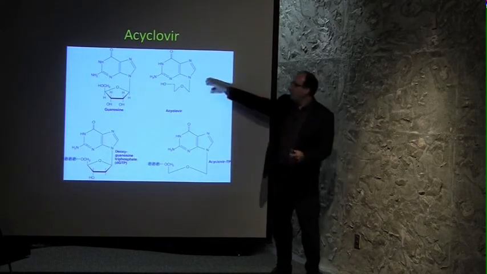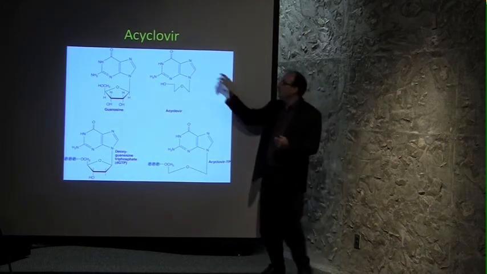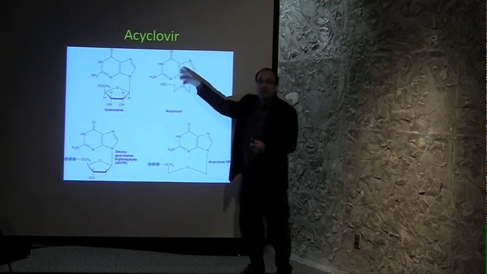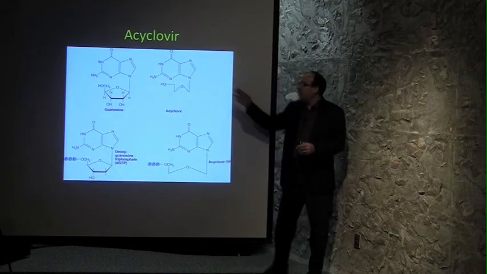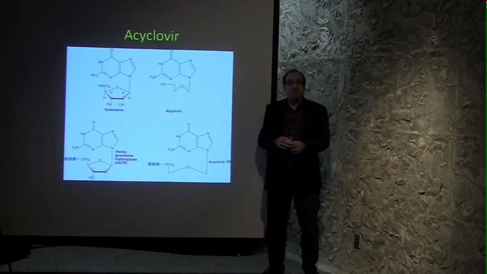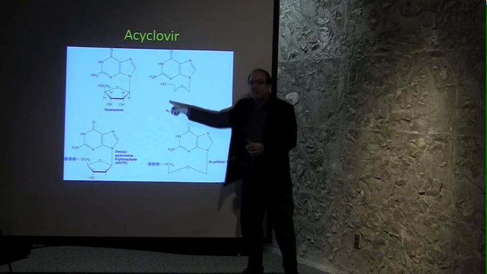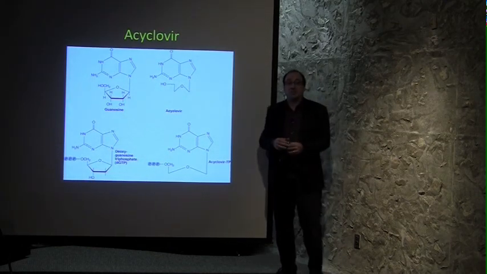If this acyclovir was to be inserted into DNA, it could base pair with cytosine, which is what G normally binds to. If this nucleotide were to base pair with C and become integrated into a piece of DNA, there's no hydroxyl group to continue extension of the DNA chain, so DNA synthesis would stop.